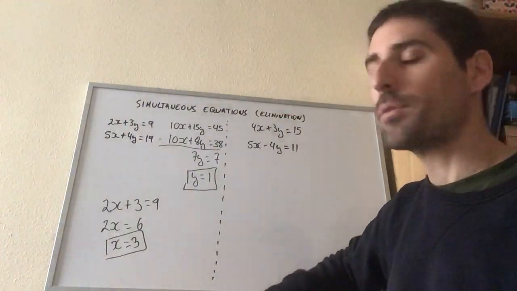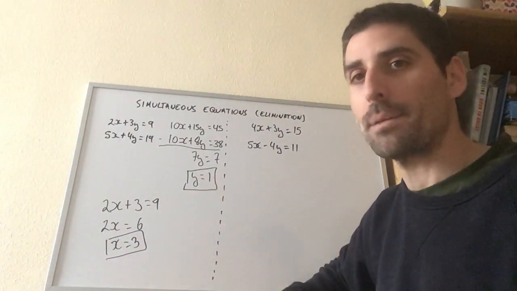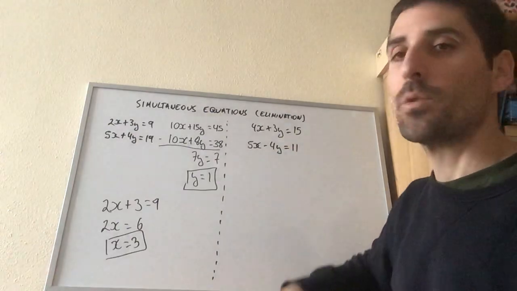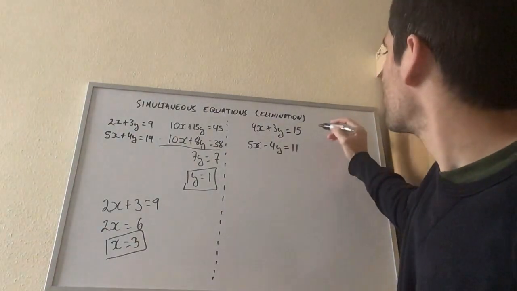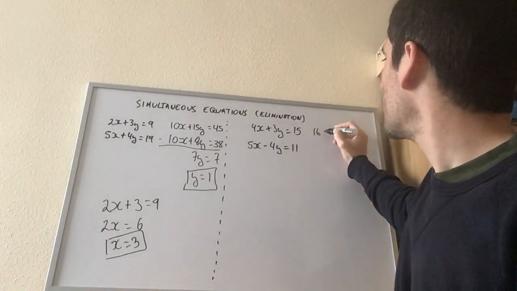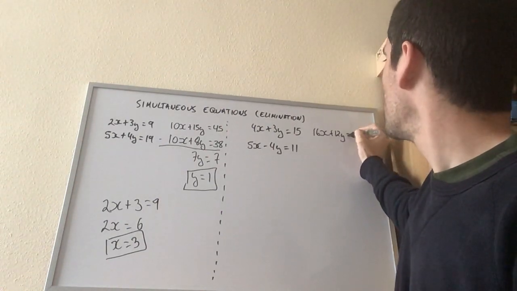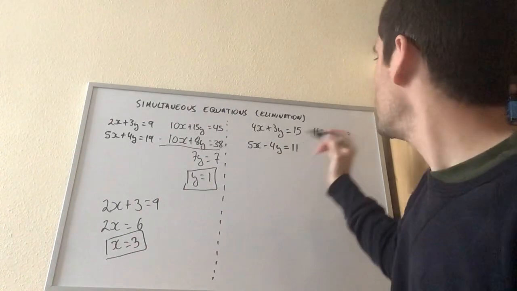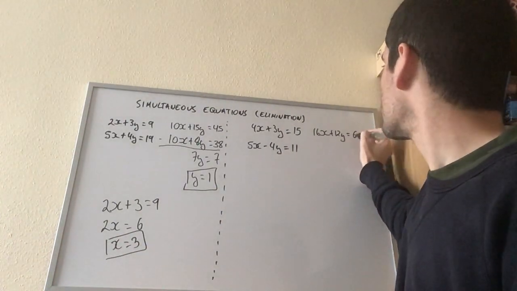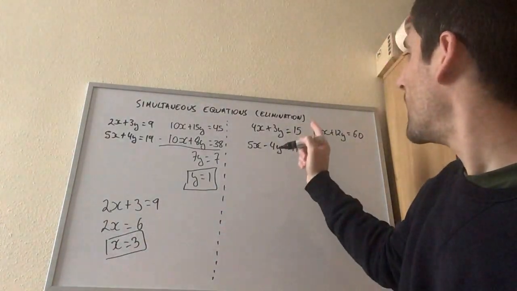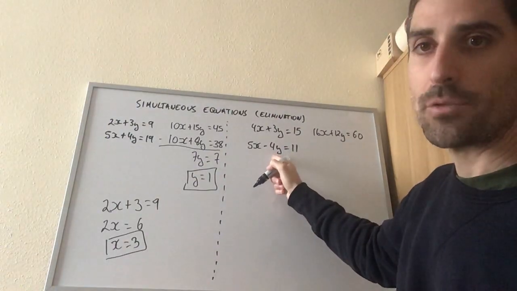How do I get from 3 to 12? Multiply times 4. So multiply the whole first equation by 4. So I get 16x plus 12y equals 15 times 4, 60. And the second equation, again, I want to have 12y.